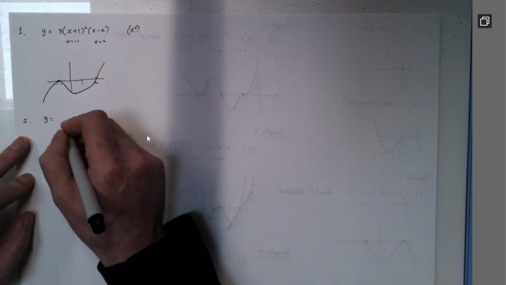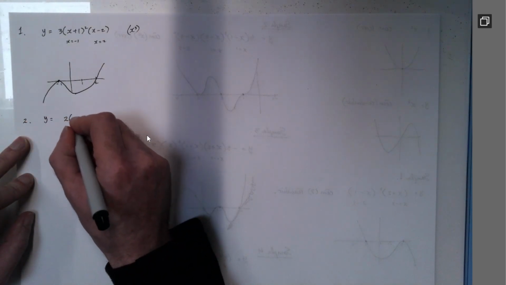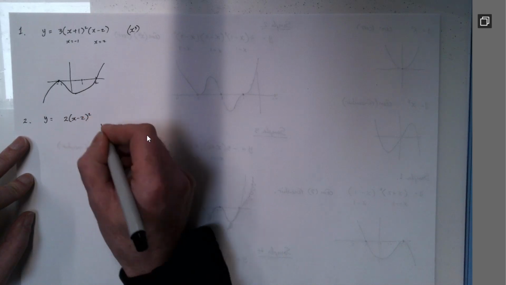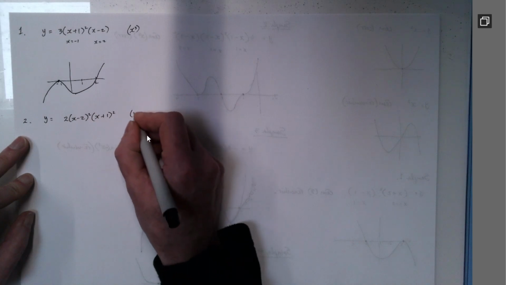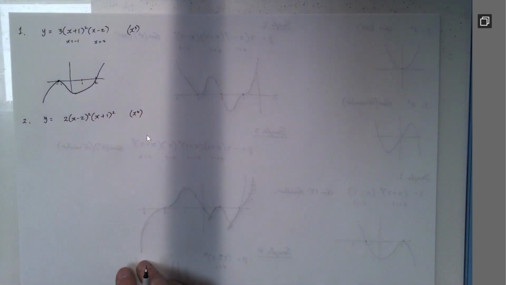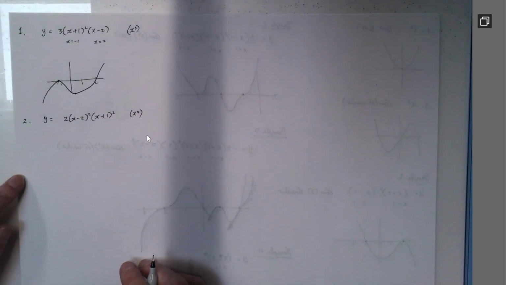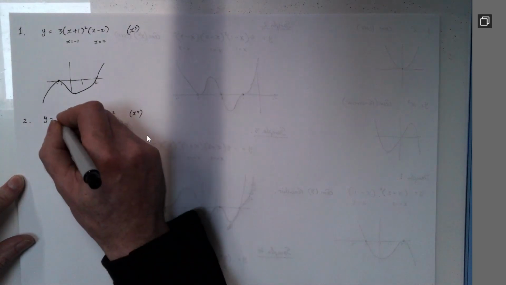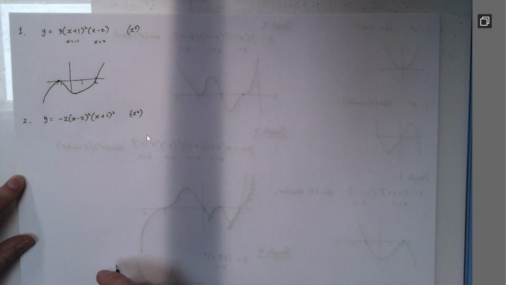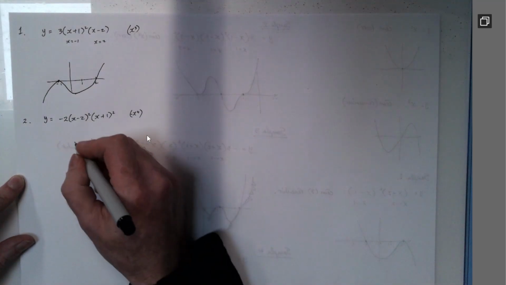y equals (x minus 2) squared times (x plus 1) squared. So the raised power is x to the power of 4, and the coefficient is positive, so 2 arms up. In the next one, the coefficient is negative, so negative x to the power of 4, so 2 arms down.